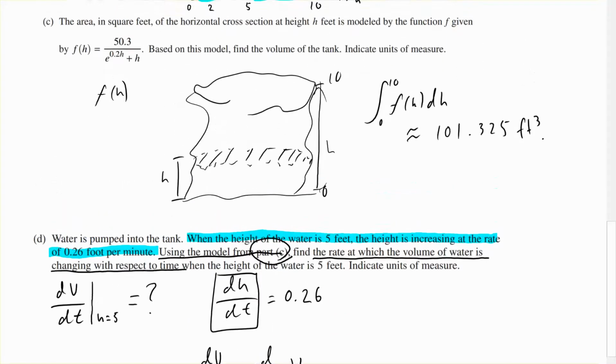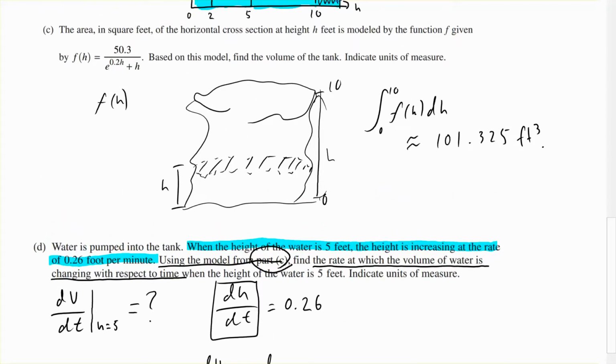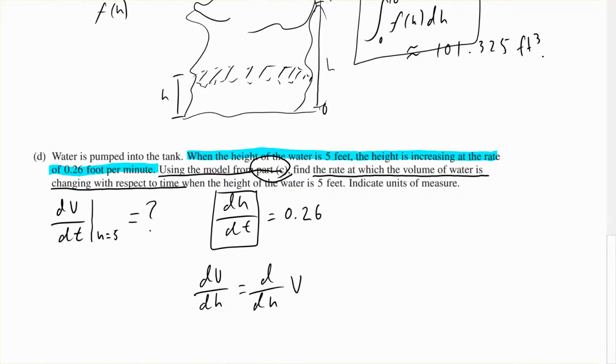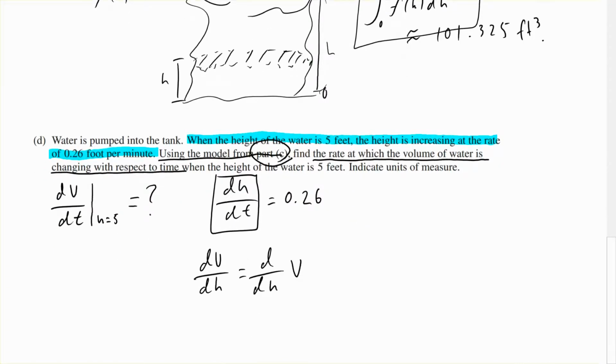So we're going to scroll up and realize that the volume is just this equation right here, except we don't really have limits of integration now that we're dealing with related rates. So we're going to say this is d/dh of the integral of f of h dh.